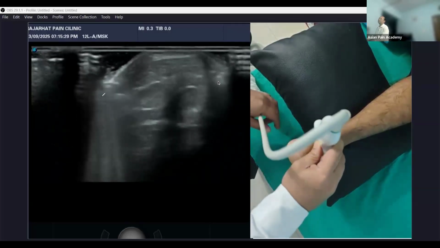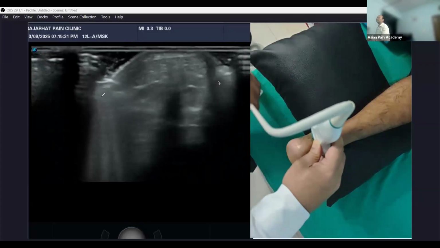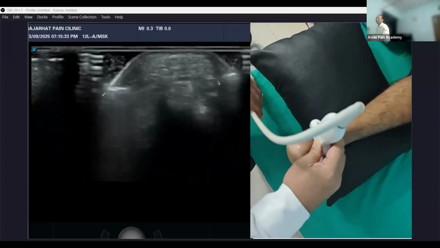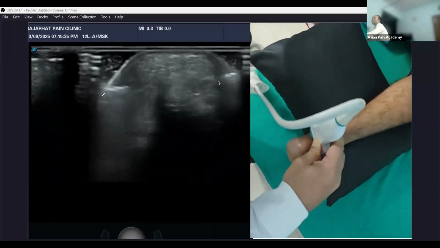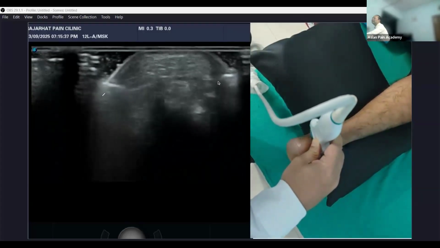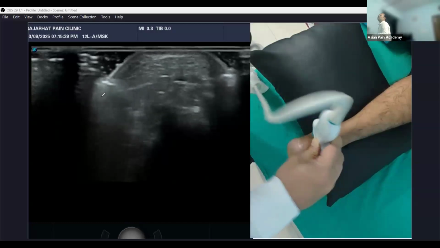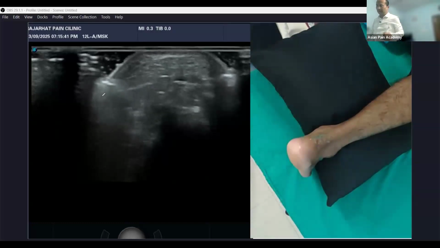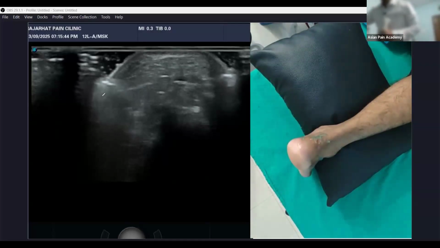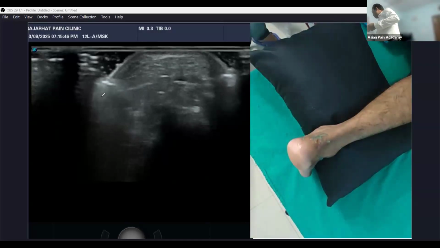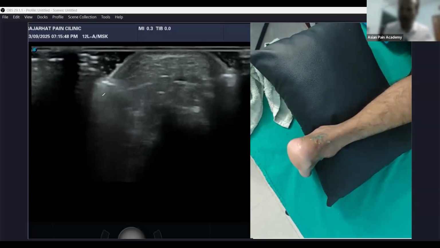Can you see where is the bone? Okay, so this is the short axis view, because you have to do intervention in this view. There is no other option.